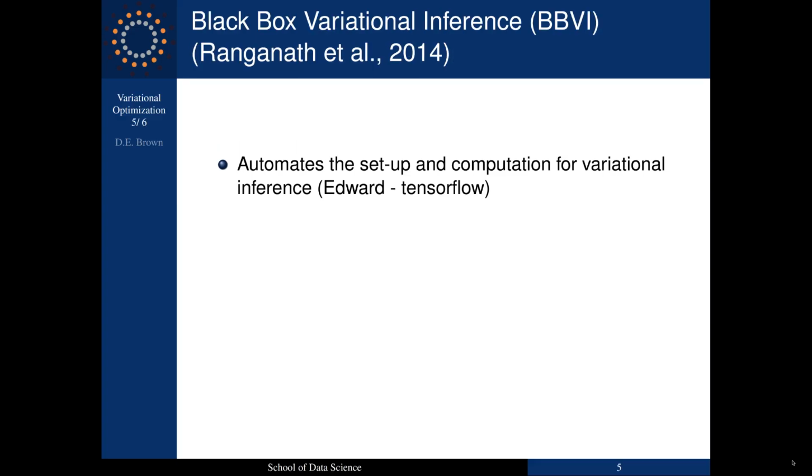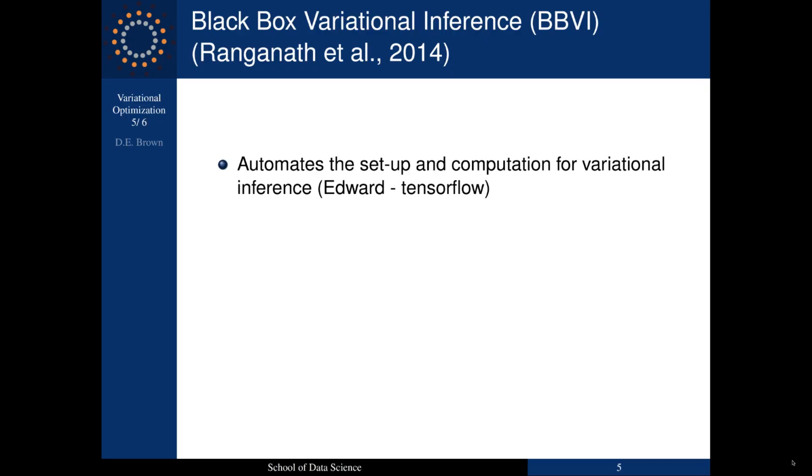So let's look at black box variational inference, or BBVI. This automates the setup and computation for variational inference, so it's trying to be what we want it to be, model agnostic. It's been implemented in a package called Edward, and it uses TensorFlow. It was bought by Google, and there's now an Edward 2.